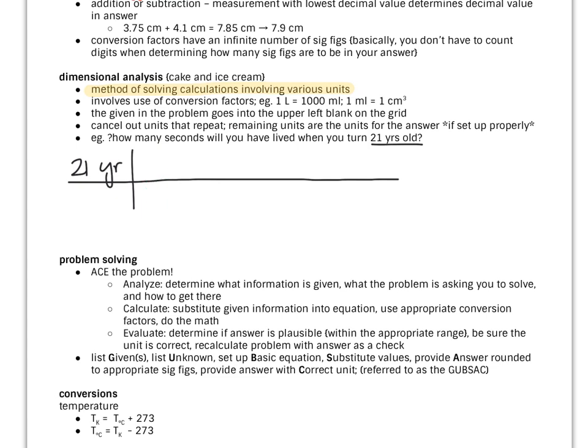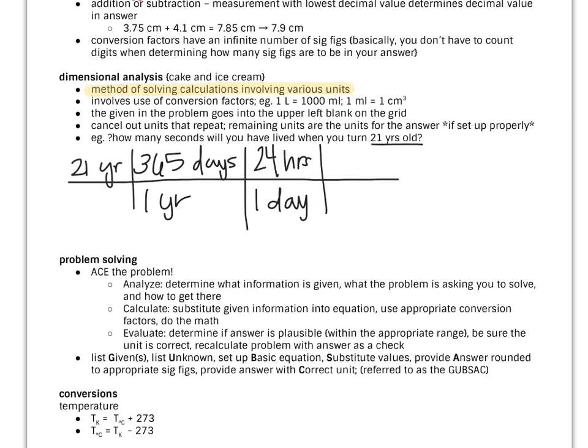So we know that 1 year is 365 days. Okay, that's a conversion factor. We know that in 1 day, there are 24 hours. We know that in 1 hour, there are 60 minutes.